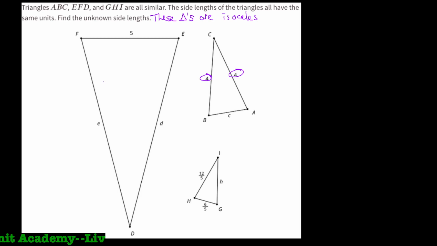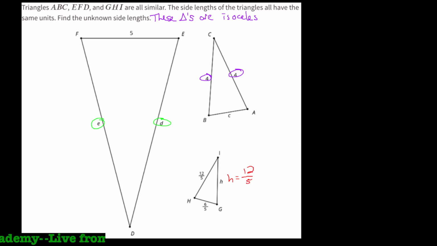That means those have equal side lengths. So I look at E and D, those should be the same number. And when I look at, let's do red, 12.5 and H, those should also be the same. So I know that H equals 12 over 5. Real simple for yourself.